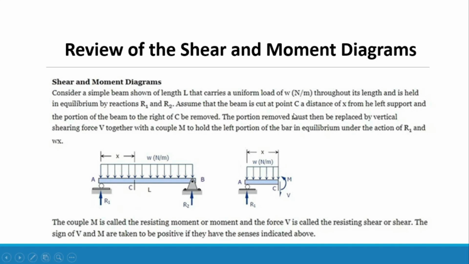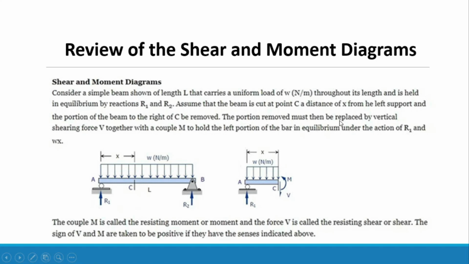Assume that the beam is cut at point C, a distance of x from the left support, which is a distance from A to C is x, and the portion of the beam to the right of C is removed.